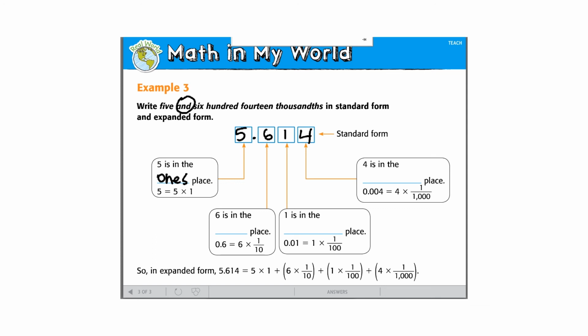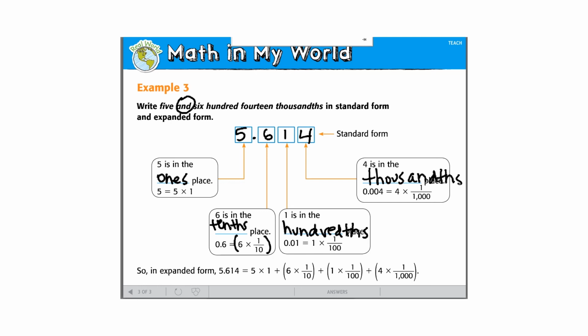And then the 6 is the tenths place. And you can see what they're doing down here is they're showing you how you would write it if you were writing expanded form. And the 1 is in the hundredths place. And then the 4 is the thousandths.